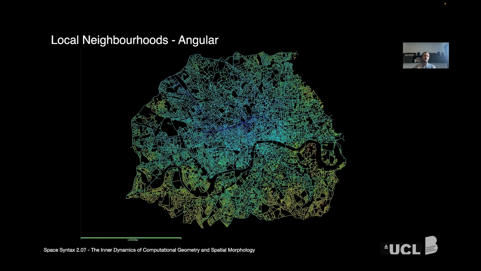And here we've got the angular distance. The angular distance from one space to the other, again from the Bartlett School of Architecture. We measure this by calculating the deviation between the street we are now on and the next one that we want to move to. So that's the angular change, and that's the cost metric.